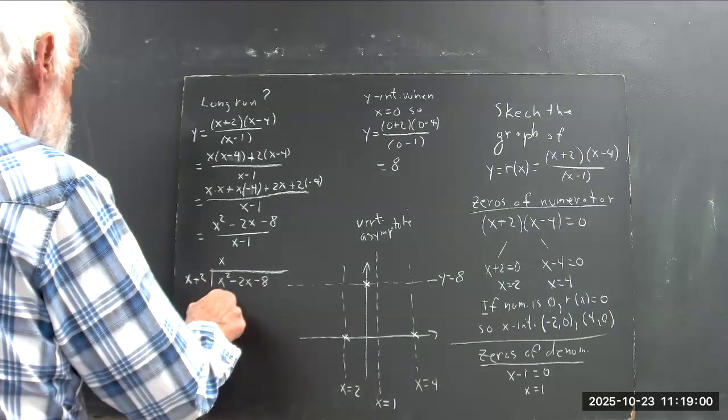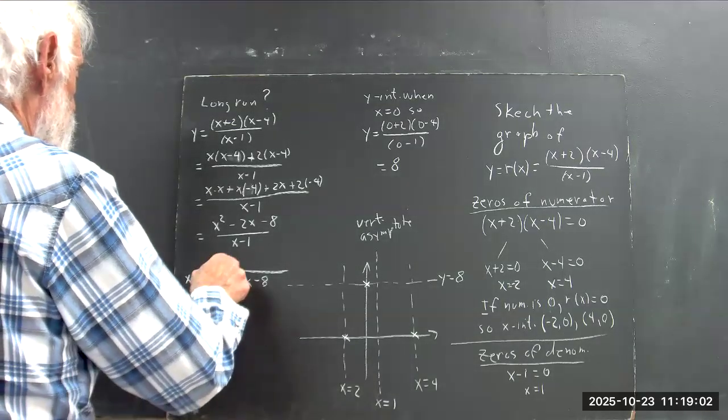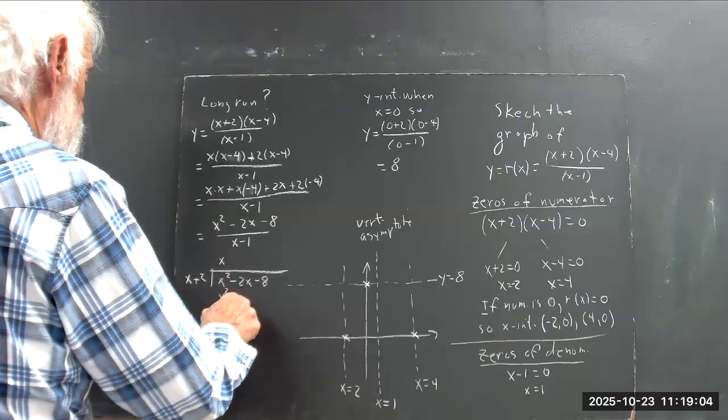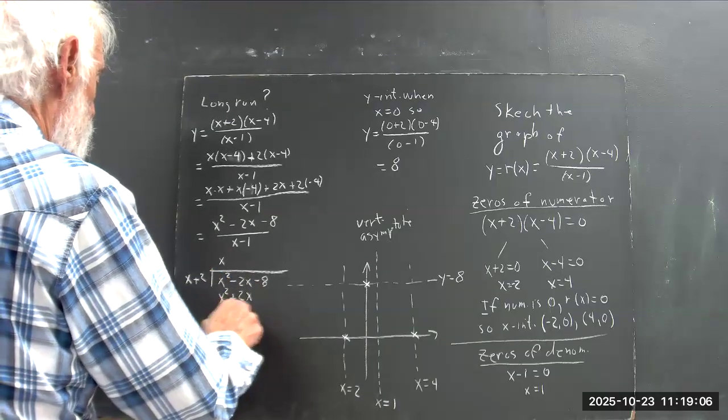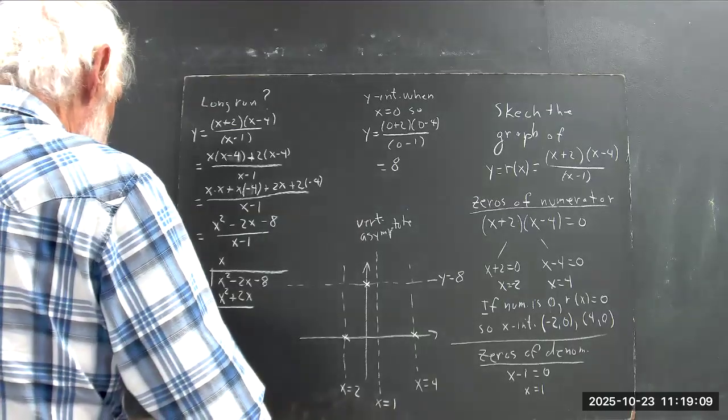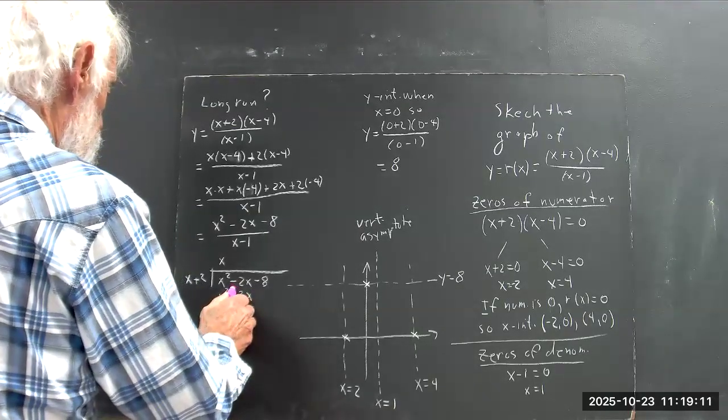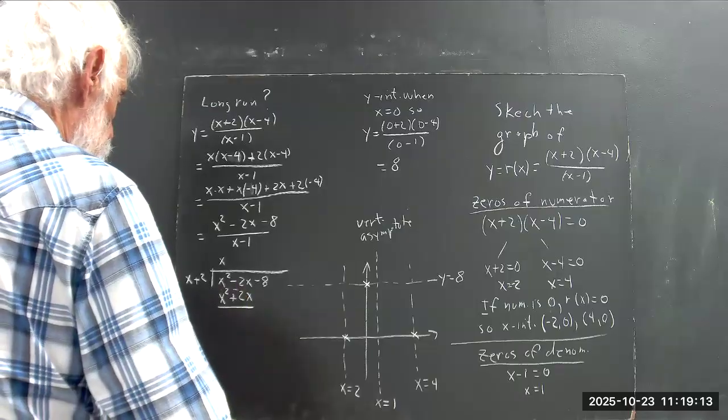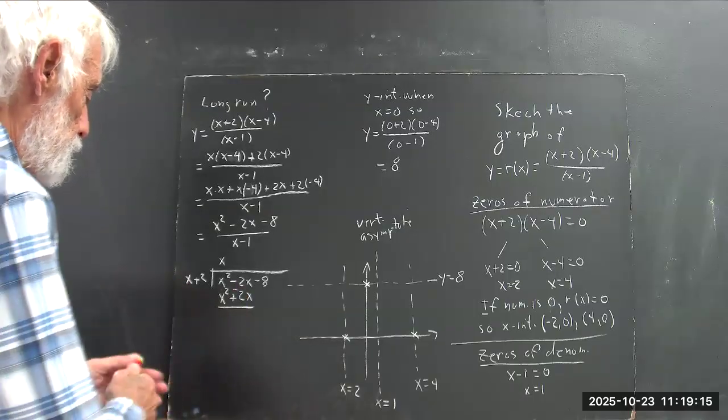So x times x is x squared, and x times 2 is 2x. And we're just going to follow the division algorithm, which I hope you've practiced and was assigned.